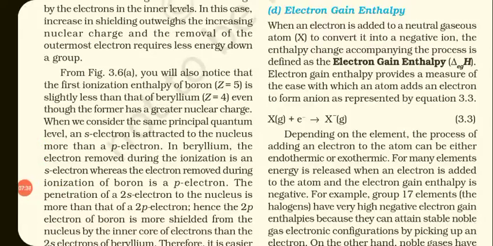When an electron is added to a neutral gaseous atom to convert it into a negative ion, the enthalpy change accompanying the process is defined as the electron gain enthalpy. It provides a measure of the ease with which an atom adds an electron to form an anion, represented by equation 3.3. So the group 17 members, the halogens, easily acquire electrons.